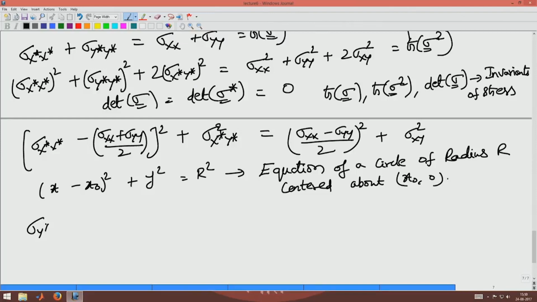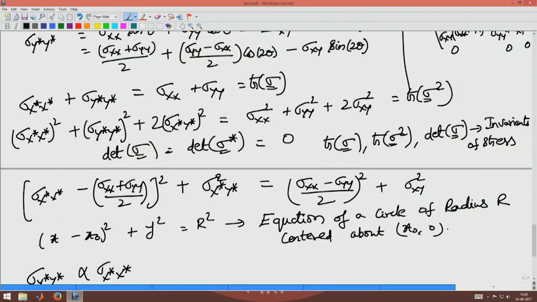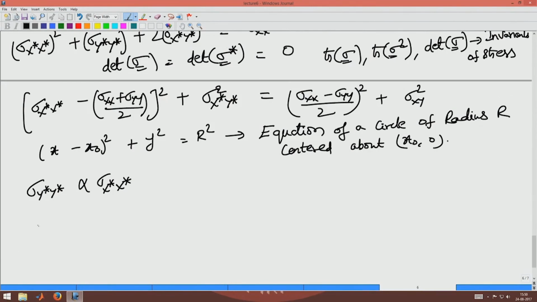But before stopping for today, I want you to observe something about sigma y star and sigma x star. If I rotate the coordinate system by 90 degrees, you will find that sigma x star becomes sigma y star. That is, let us say I replace theta with alpha plus pi by 2. Okay.